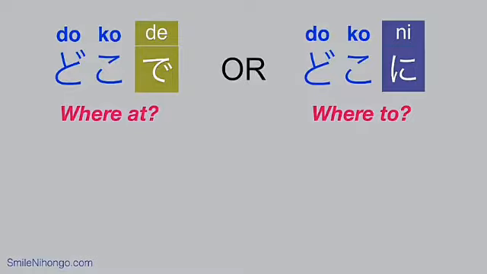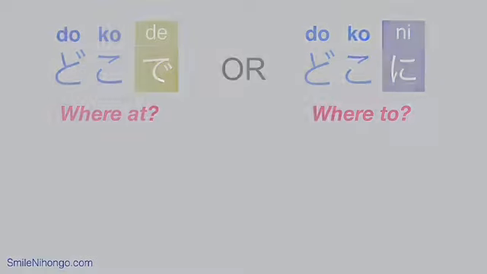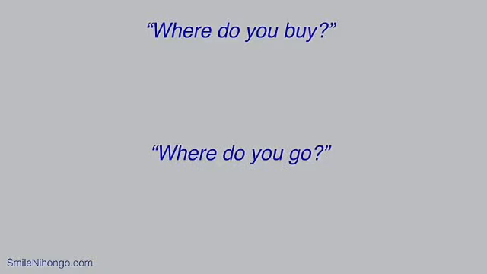Okay, let me explain more by using sample questions. The first sample question is this. Where do you buy? And the second question is this. Where do you go? Now, pay attention to the verb in each question. The first one has buy, and the second one has go, right?